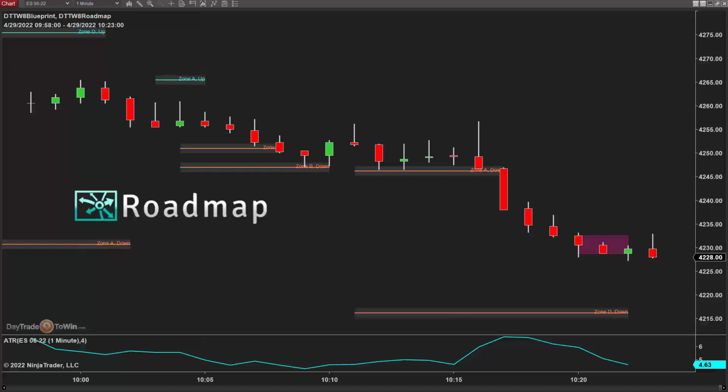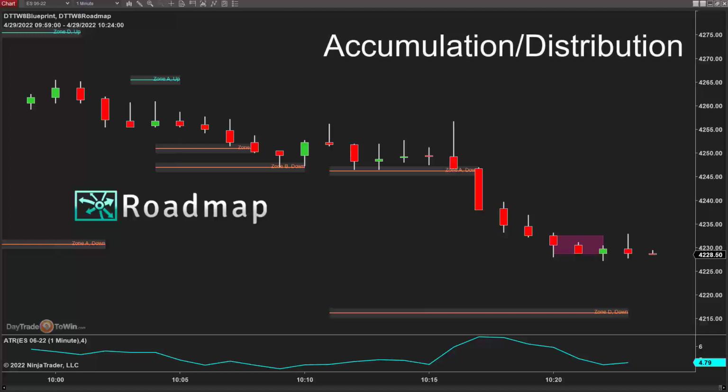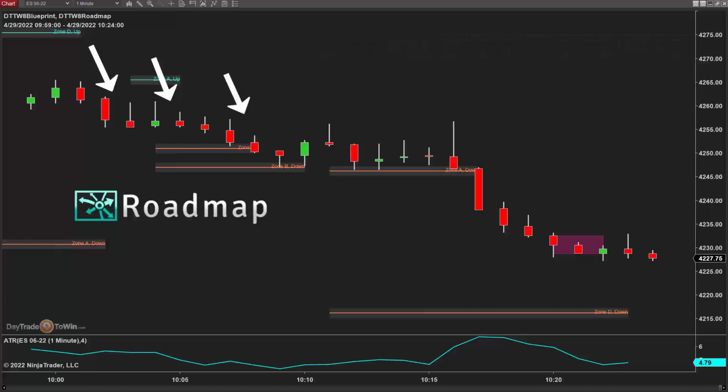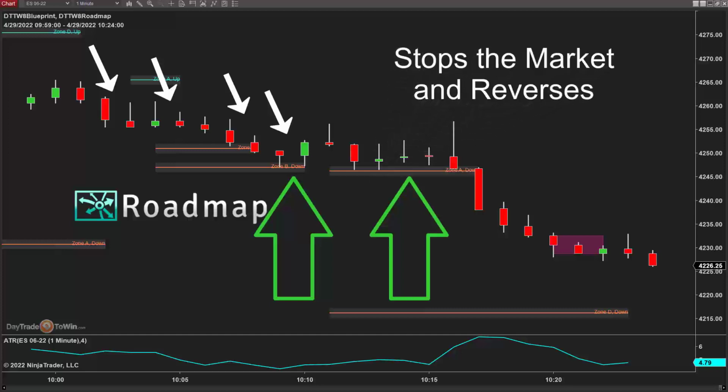So when you look at the type of manipulation that exists, I'm not the first to discuss it, and I'm certainly not going to be the last one to talk about how manipulation affects the markets and traders in general. The way that we teach it at DayTradeToWin is that imagine for a moment that there is an accumulation or a distribution where traders are selling and selling and selling, and then at some point they have to buy it back, and that buying back creates a manipulated move where there's a huge amount of buyers attacking the market, reversing the market in the opposite direction.